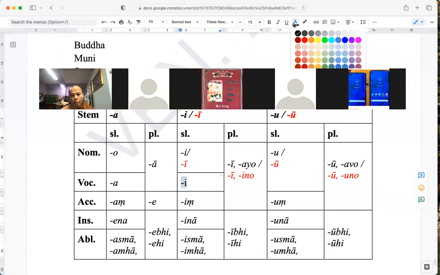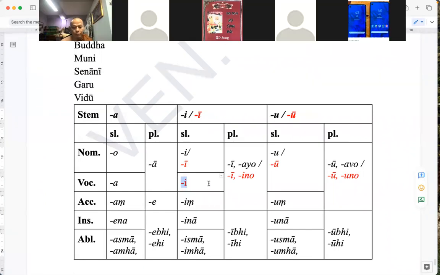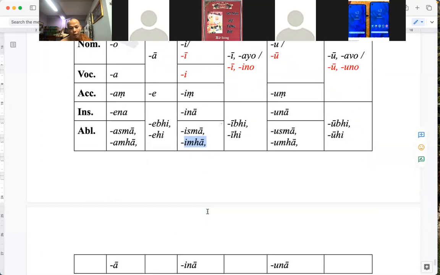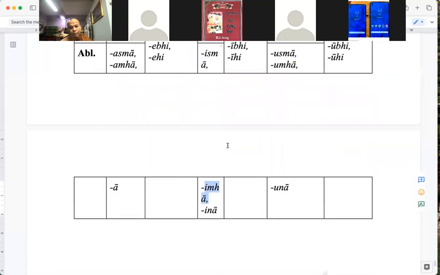In the vocative case, that long one also becomes the short senani. So senani and senani no. But in the accusative case, the same: senani and senani no. And then senani na, senani bi, senani hi. So senani sama, senani ma, and senani na.